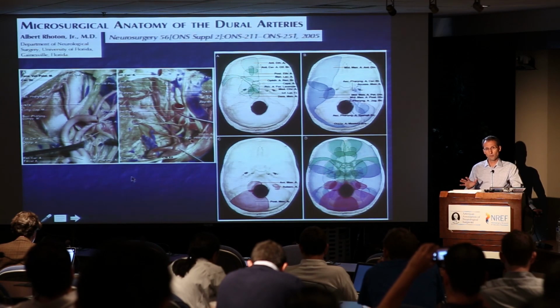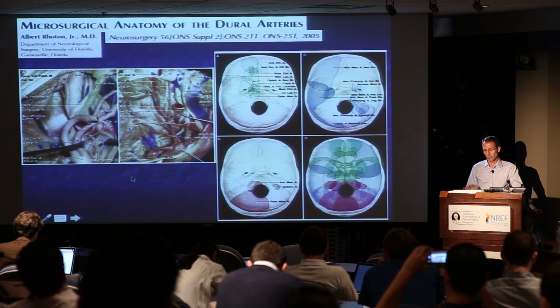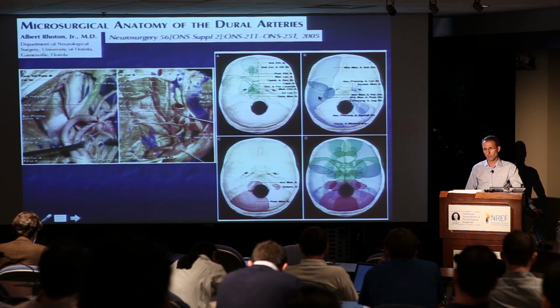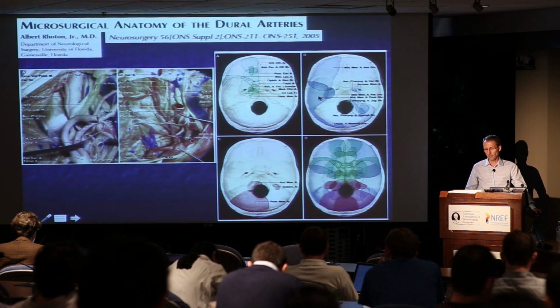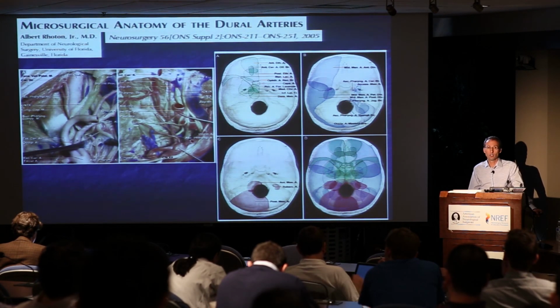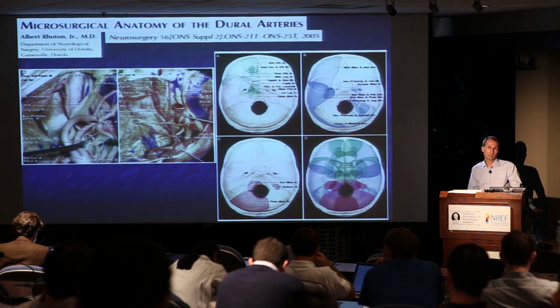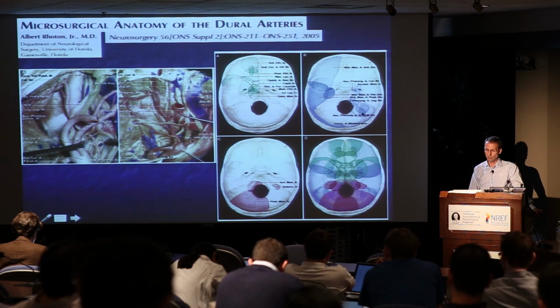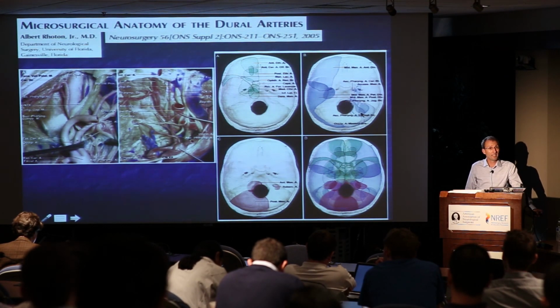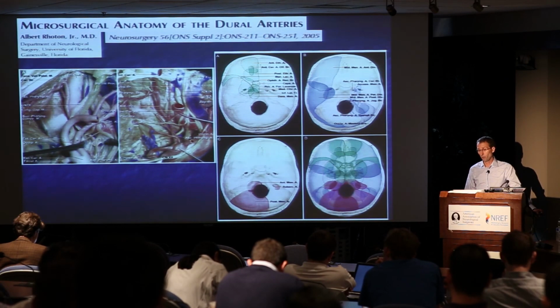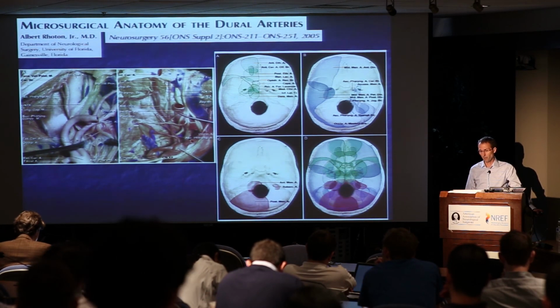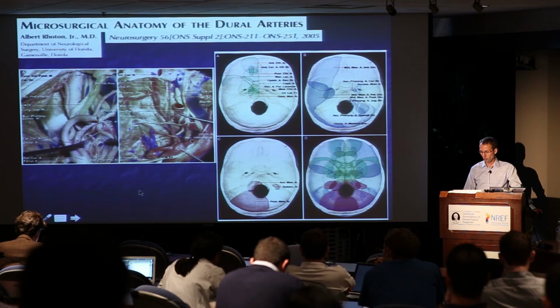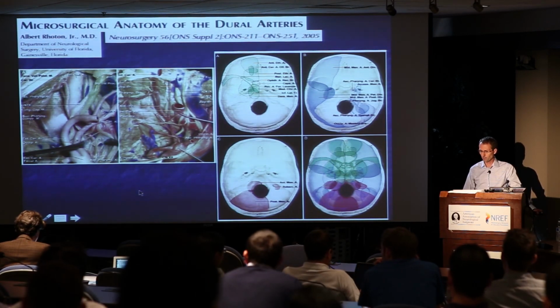There are these beautiful dissections of all the dural arteries and these unbelievable maps of everywhere along the skull base, along the dura, what artery of the external carotid artery system supplies that particular area. And so if you have a dural fistula running along the skull base at this point, you have a good idea of what arteries you should be looking at. Do they supply cranial nerves, yes or no? I find this extremely useful and unbelievably well done.